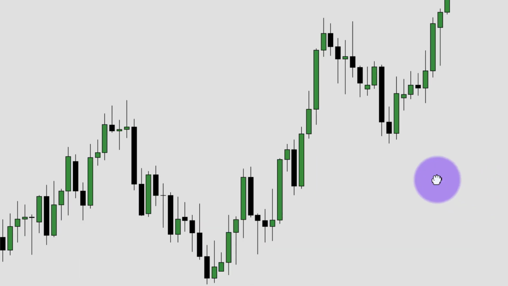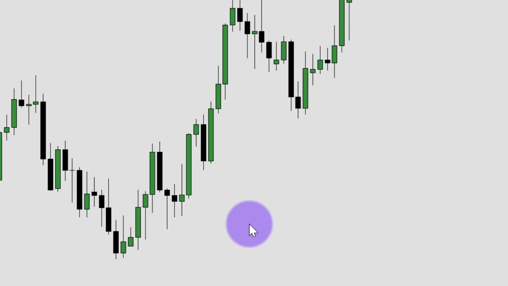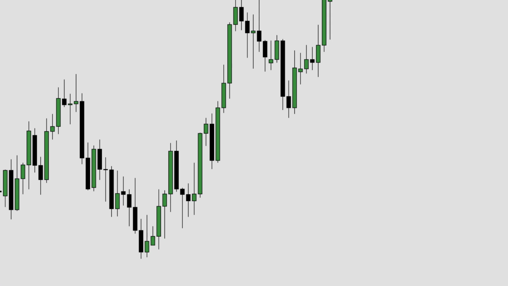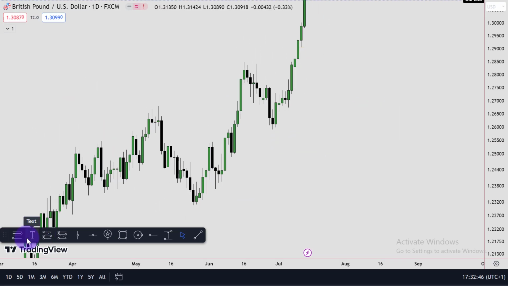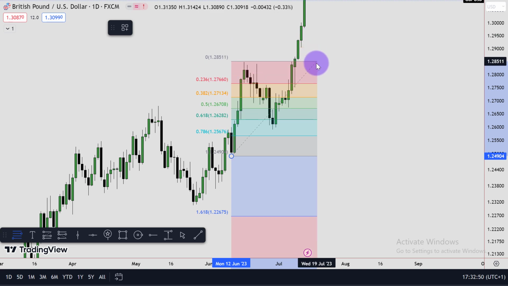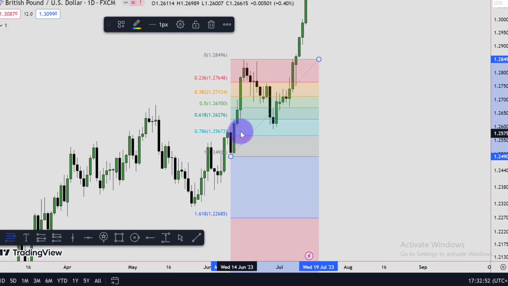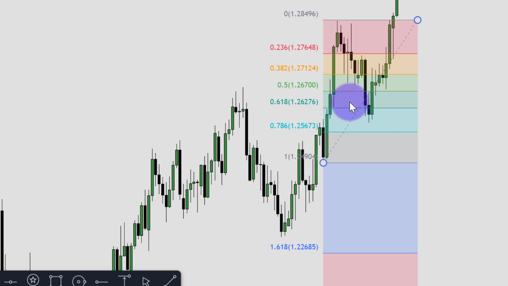This level was outlined for us at the mentorship community, and this was also coinciding with a discount level. If you mark between the recent swing low to the swing high, price traded deep down into a discount level. Below 50% of the range is a discount, and our culture as usual is that we like to buy a discount market and we like to sell a premium market.